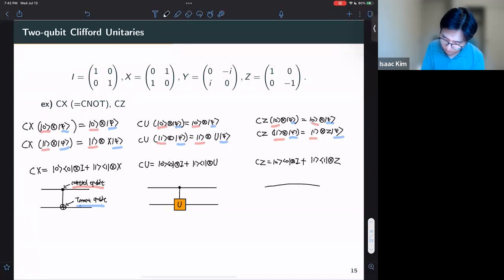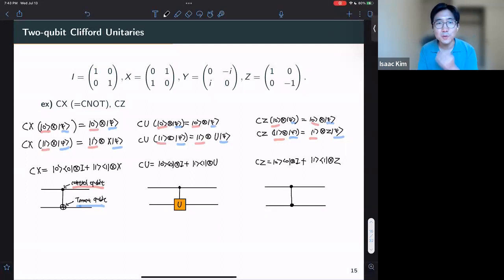And lastly, CZ is kind of fun. So what you would do is you'll have these two dots. So you might be thinking, oh, which is the control and which is the target? And the answer is that it doesn't really matter. It turns out that the CZ gate is symmetric under the exchange of the two qubits.